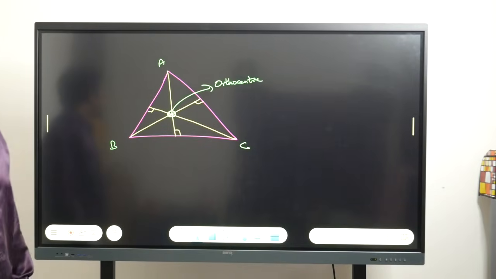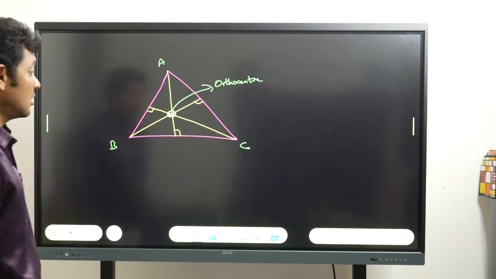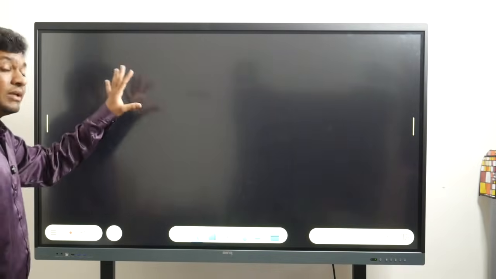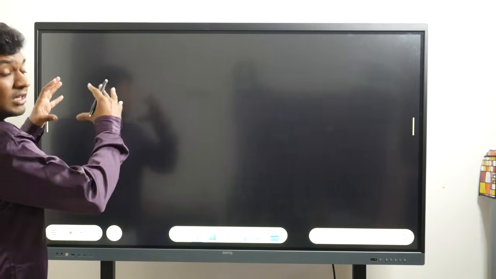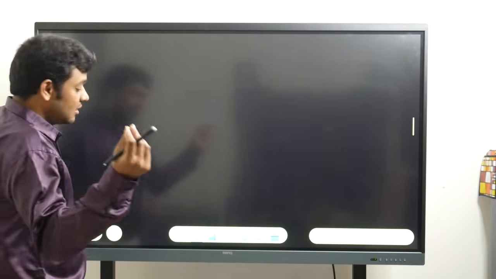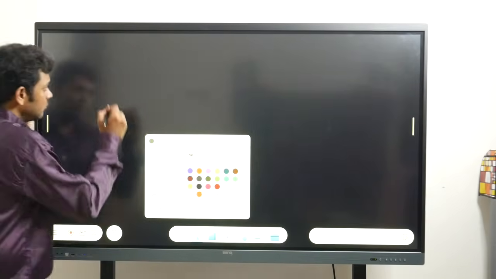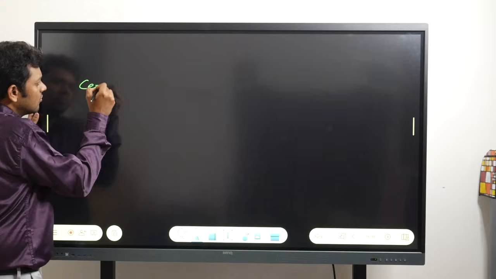Okay, so that's all with my centroid, incentre, circumcentre, orthocentre. Now, we just saw how they are for an acute angle triangle. All the points are inside. Let's try to understand where the geometric centers will be positioned for all different types of triangles, like acute angle triangle, right angle triangle, obtuse angle triangle. Now, my centroid, I'll write it over here.